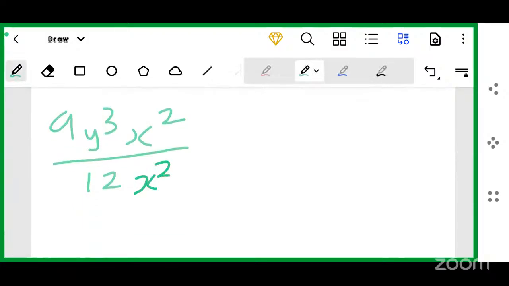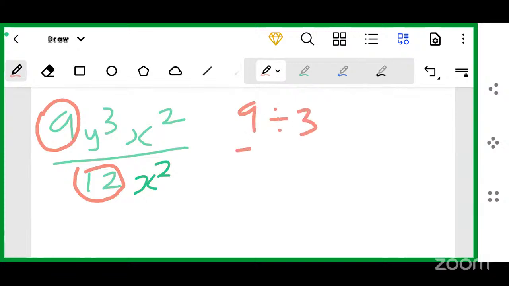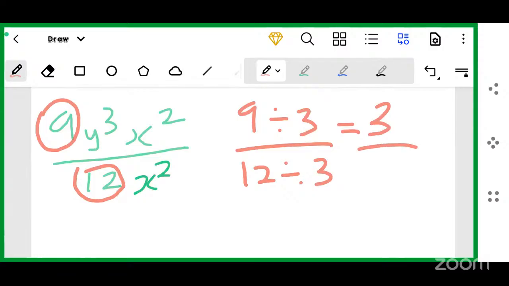So now we can look for what again? I think they are called the factors of 12, factors of 3. Let's say 9 divided by 3 over 12 divided by 3. What do you get when you divide 9 by 3? 3. And what do you get when you divide 12 by 3? 4.